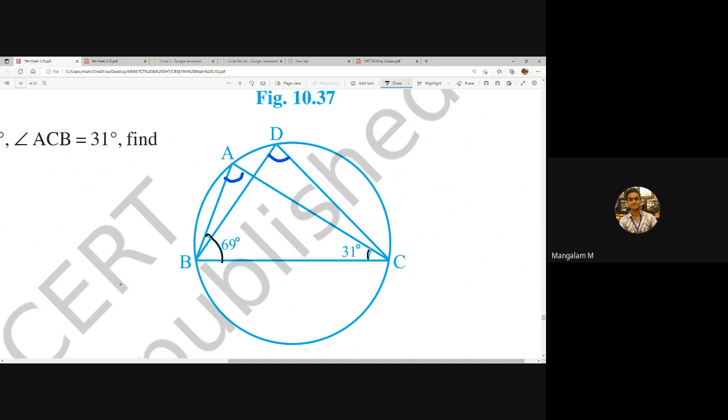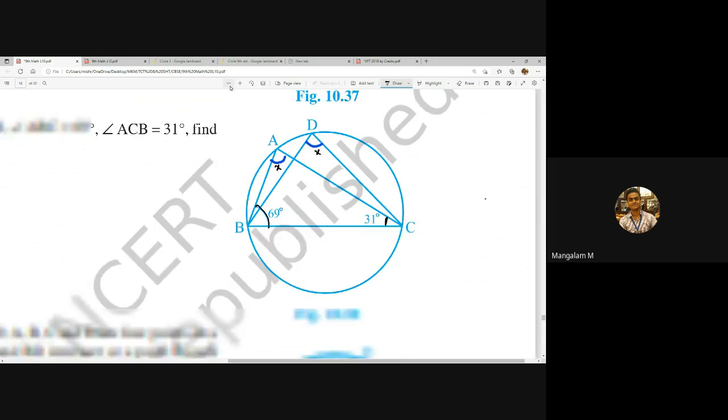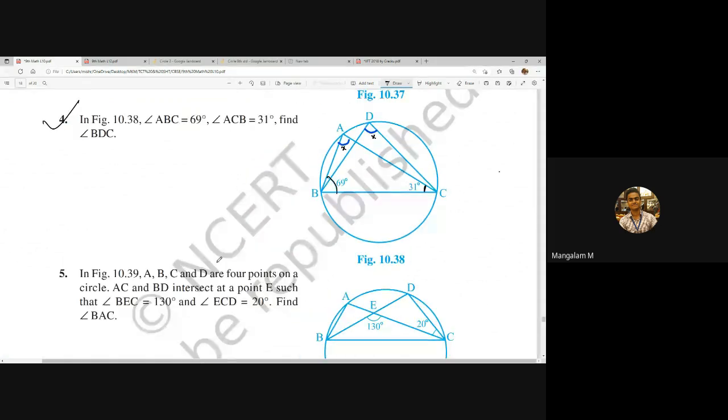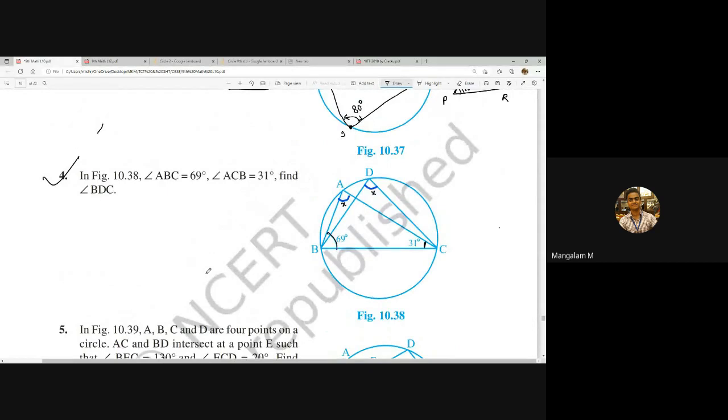This angle is 31 degrees. Okay. So angle A and angle D will be equal because the angles on the same segment are equal, right? So we have to find angle BDC, right?